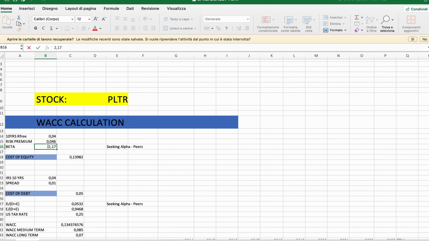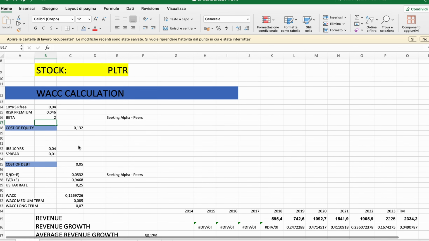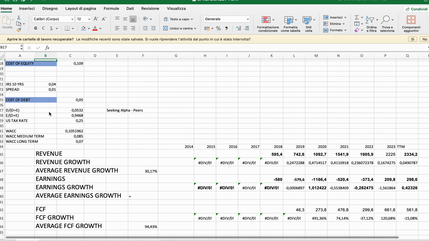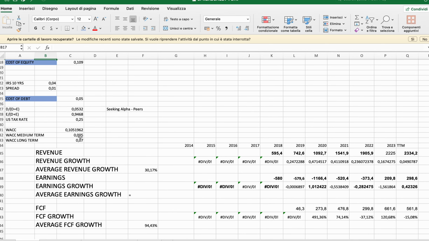So if we expect, for example, the beta for the coming years to be around 2, we can see how that changes, and it changes quite a lot. It goes down by a point, and if we say that it were to go down, for example, to 1.7 or 1.5, let's make 1.5, it would make it extremely cheaper.